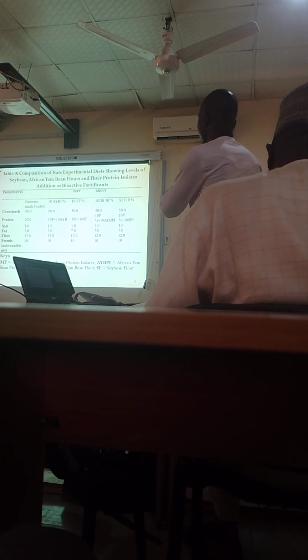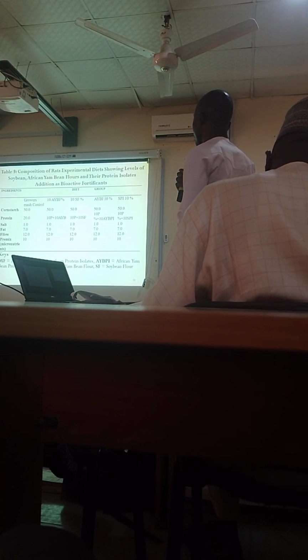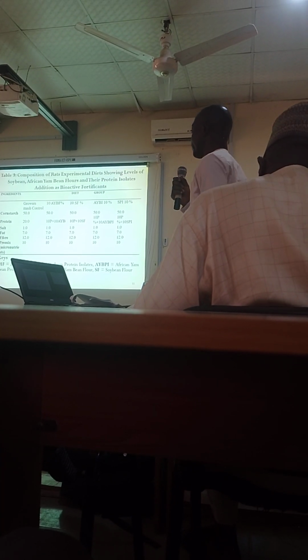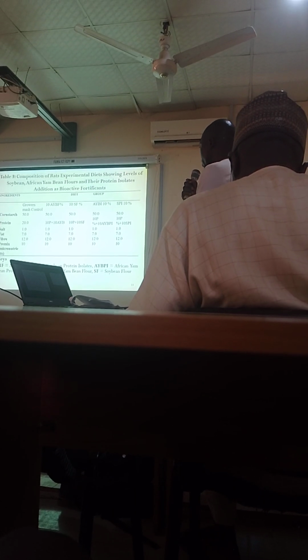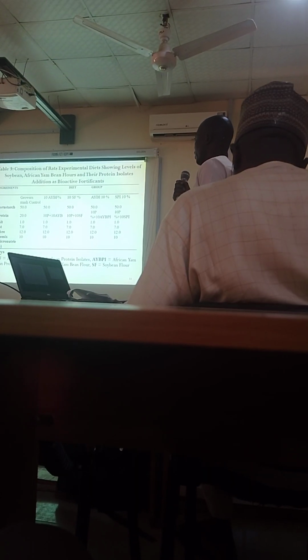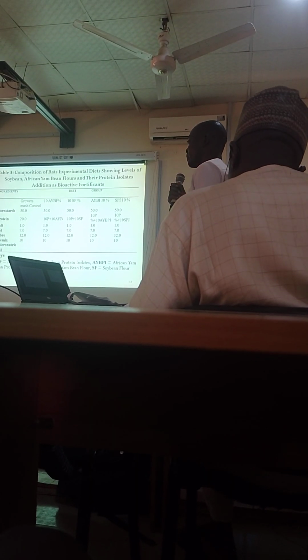So we decided to come up with this table. This is the table we're using in feeding our albino rats to see if the fortified product I'm trying to come up with will be able to treat the problem of diabetes.